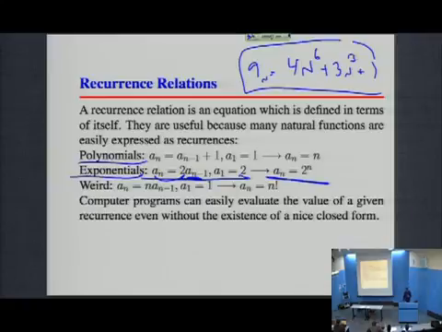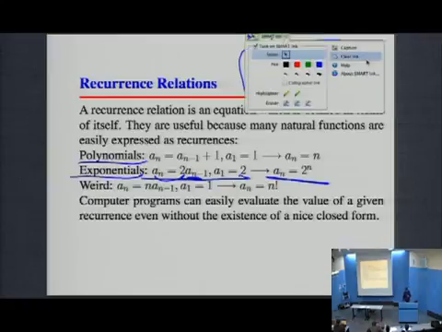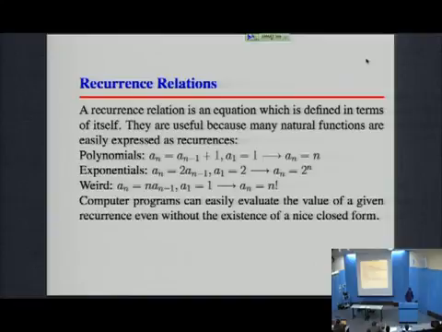Recurrence relations are also powerful enough to encode a lot of other weird functions, and some functions that you may already know about are weirder than you think. What is factorial? Obviously everybody here knows what n factorial is, but it's kind of a weird function.